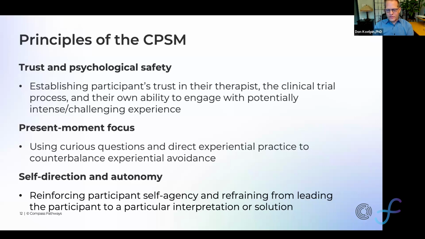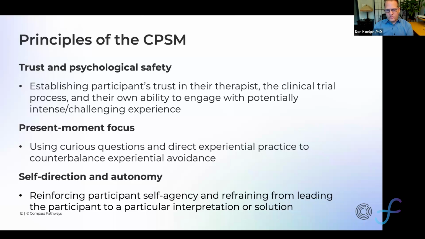When you look at the research, there's emerging research that demonstrates that things like avoidance or pushing away or not being willing to engage with difficult or challenging experiences can actually be harmful or detrimental to the therapeutic process. So we want to make sure that participants are prepared for that, have the skills, and have had a chance to practice those skills in preparation.